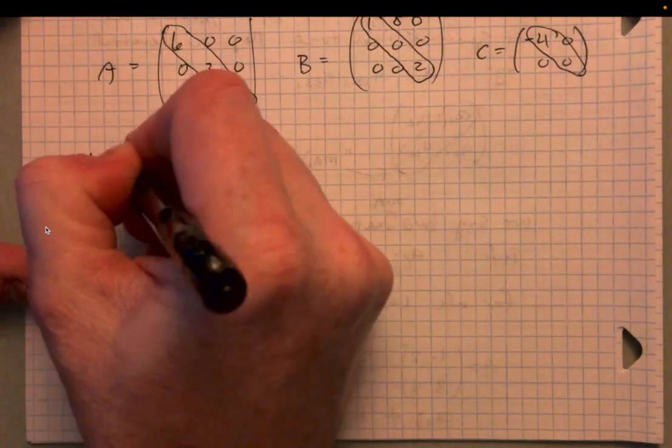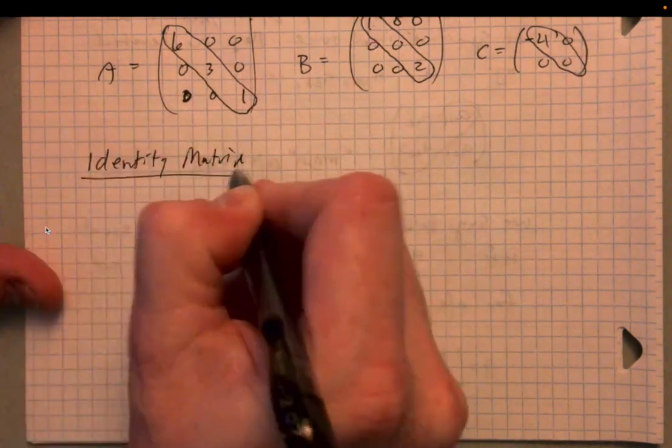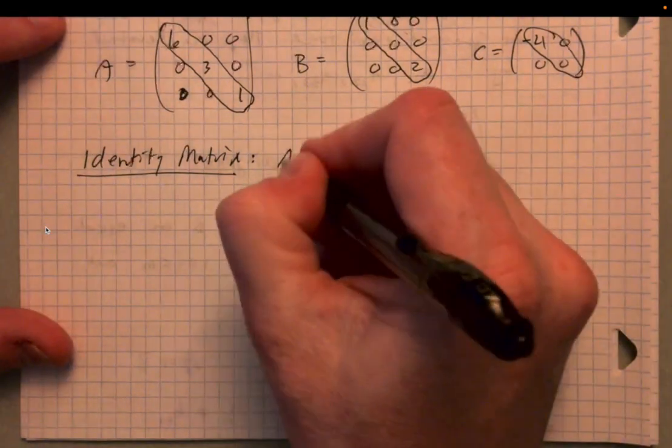The next special type is what's called the identity matrix. This is just a diagonal matrix with all main diagonal entries equal to 1.